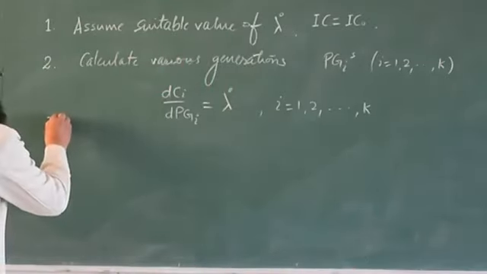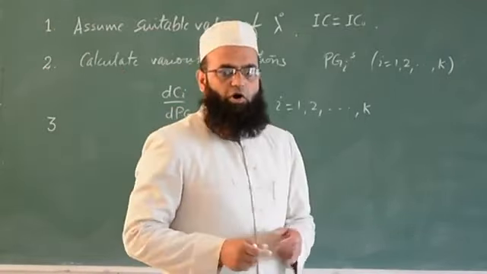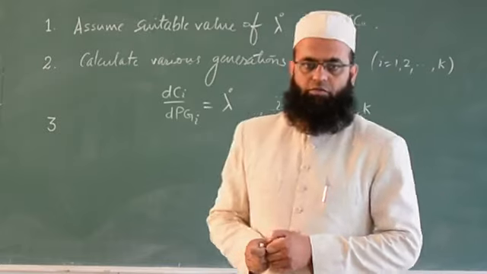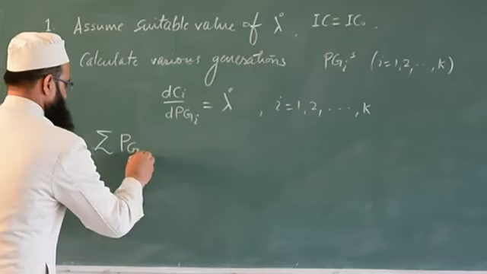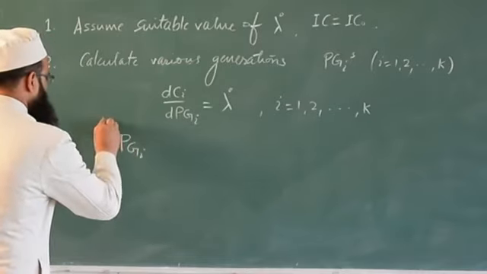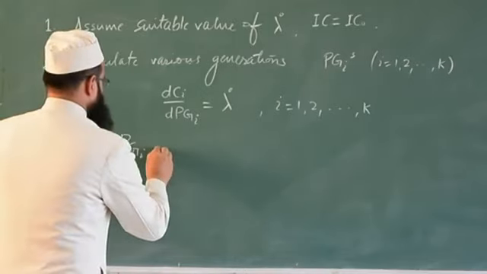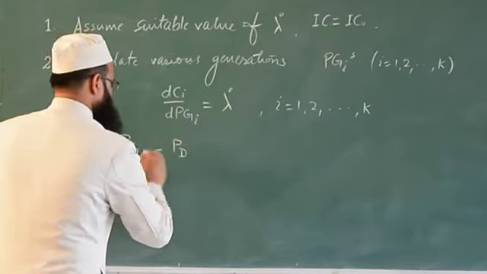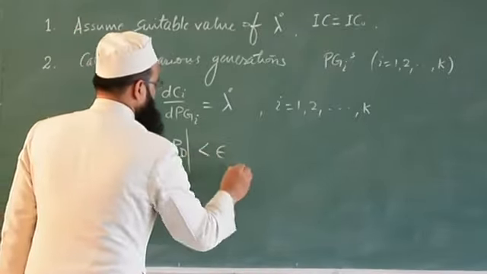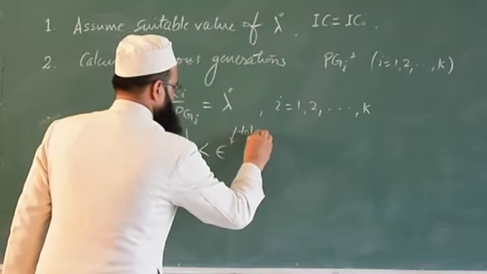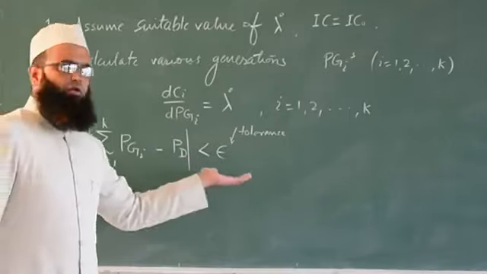Step 3 will be to check whether all generations from all the units meet the demand or not. That is, check if the sum of PGI for I equal to unit number 1 to unit number k, minus PD, is nearly equal to 0, say epsilon, where epsilon is the tolerance, 10 to the minus 6 or minus 3, whatever you can tolerate.